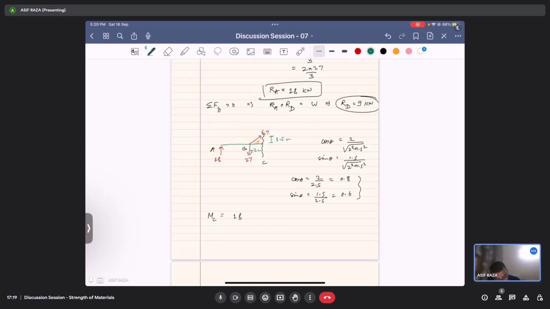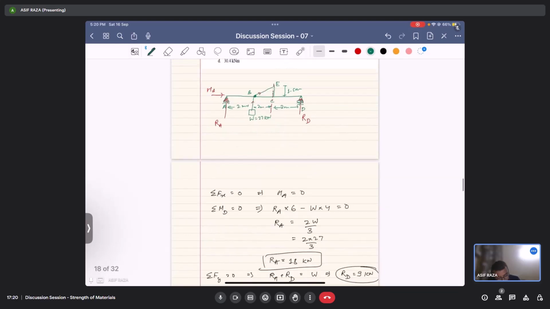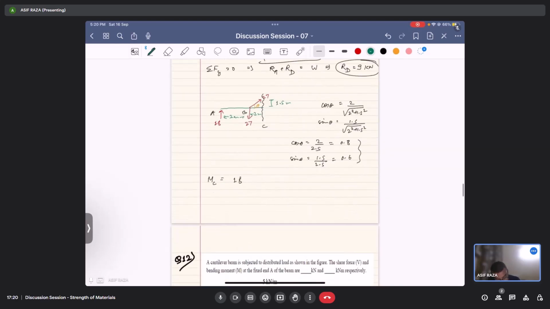This length is also 2 meter, right? So 18 would act at 4 meter minus 27 into 2.